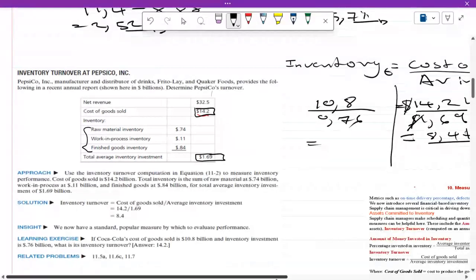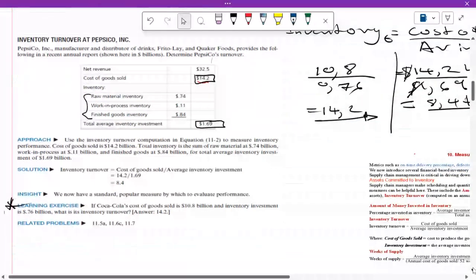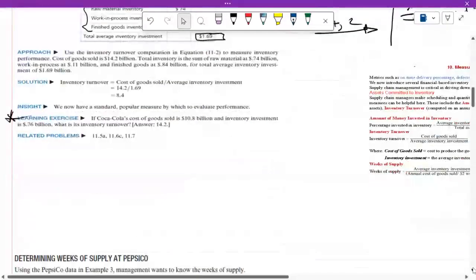How much are you getting? It's your 14.2. You understand this exercise here? These are just your calculations in the book.